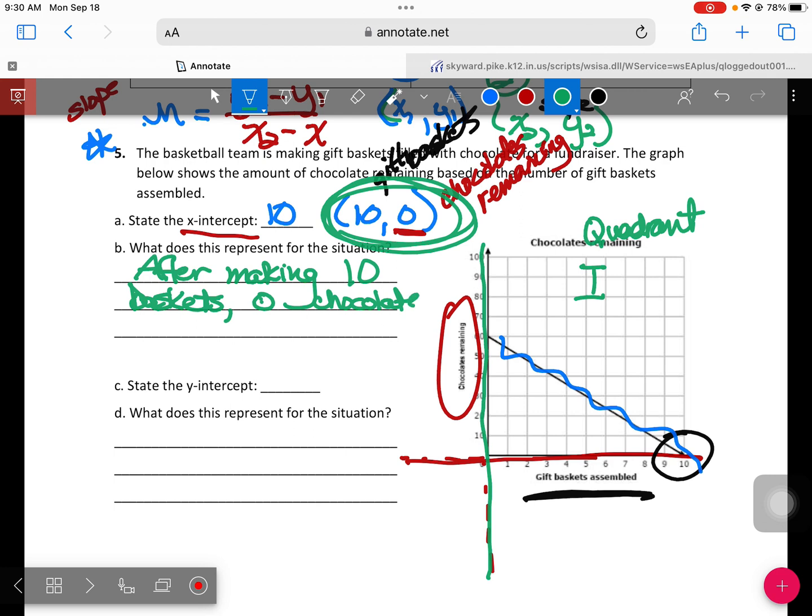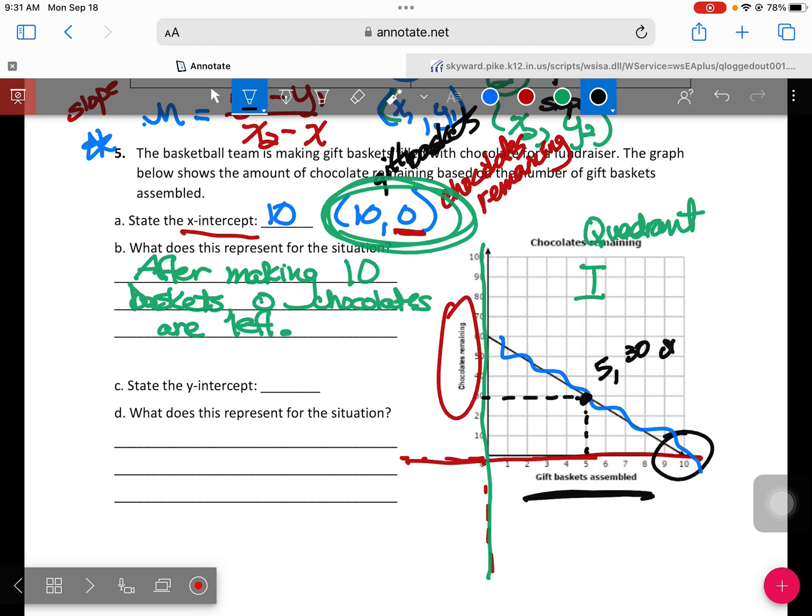What is my y-intercept, Kevin? What's my y-intercept? It's not 30. It's where the graph crosses the y-axis. I got a lot of stuff up here, I know.